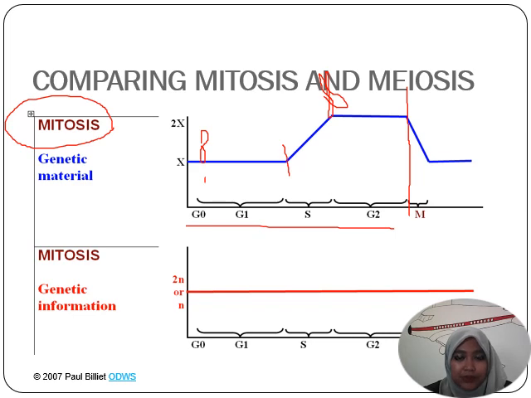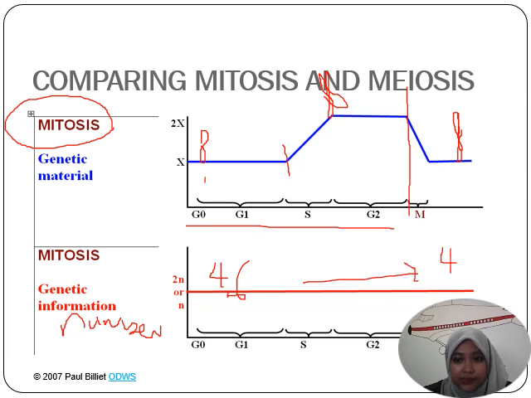Obviously, only the genetic material changes. Once they finish mitosis, they become single again, meaning the chromatid. In terms of genetic information, meaning the number of chromosomes, the number stays the same. You have 46 at the beginning, and at the end of this process, you still have 46 chromosomes.